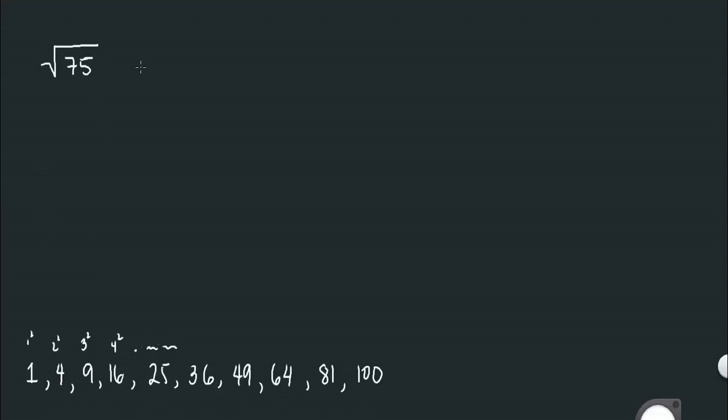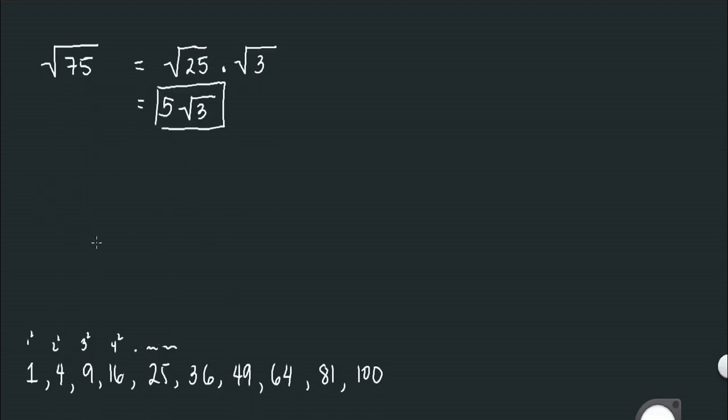So yung dalawang number na yon na factor ng 75 ay 25 and 3: square root of 25 times square root of 3. Now simplify natin yung square root of 25, that is 5. The square root of 3 is not a perfect square number, so the answer is 5 square root of 3.